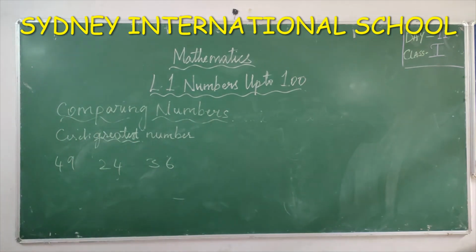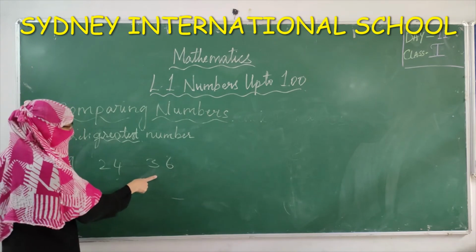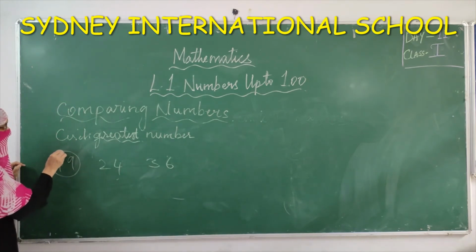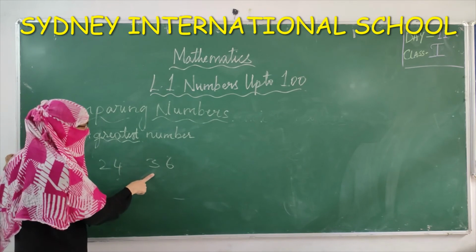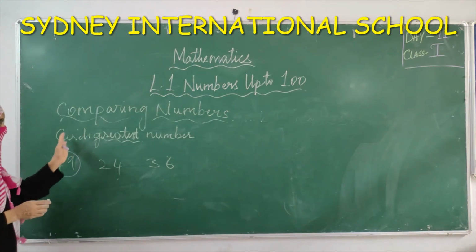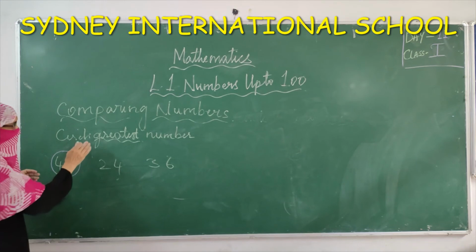Which is the greatest number here? 49, 24, 36. Among these 3 numbers, the number 49 is greater. It is the greatest number of the 3. It is greater than 24 and 36. Now I will be asking you, which is the smallest number? What is the answer you will give? Smallest of these 3? 24. So circle the smallest number.